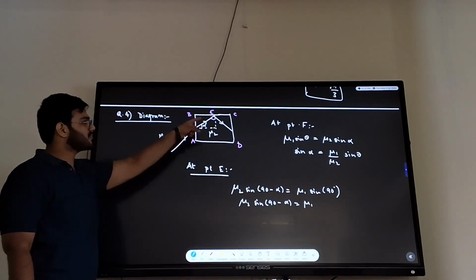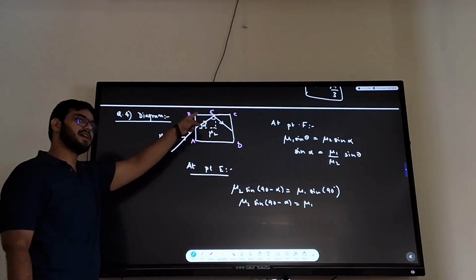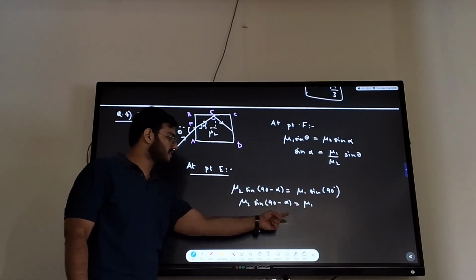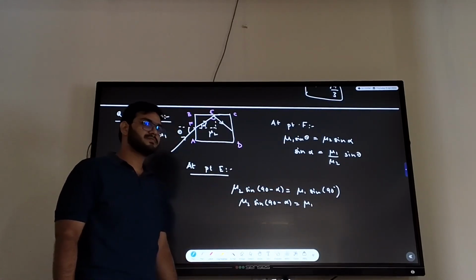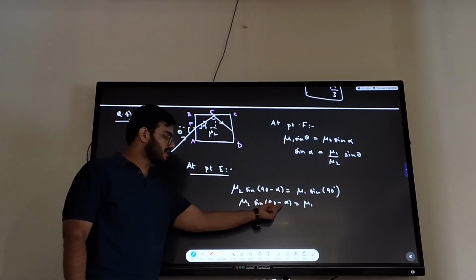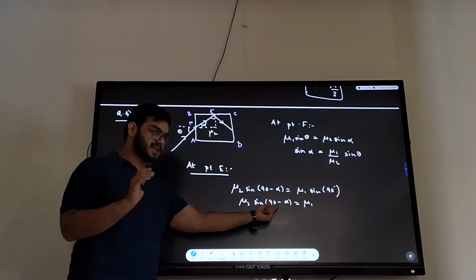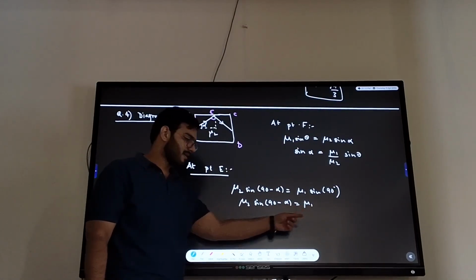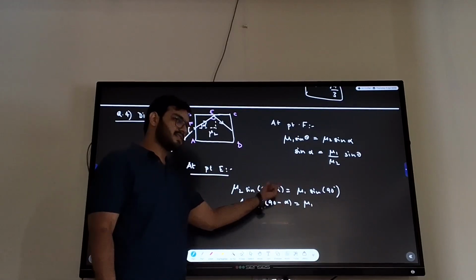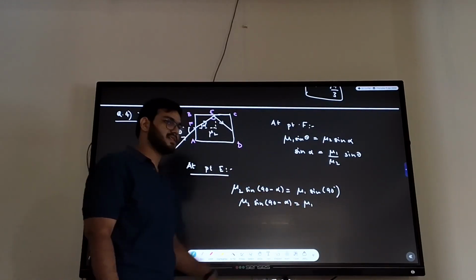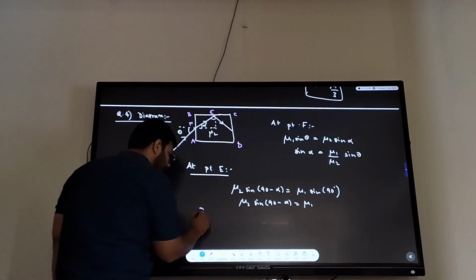But I think in the question you are going well beyond that angle. If you are going well beyond that angle, that means this factor is going to be greater than that thing. Does it make sense to you? If this were the angle for which the TIR just takes place, then this factor is equal to this. But if you are going greater than this angle, then this becomes greater than this.